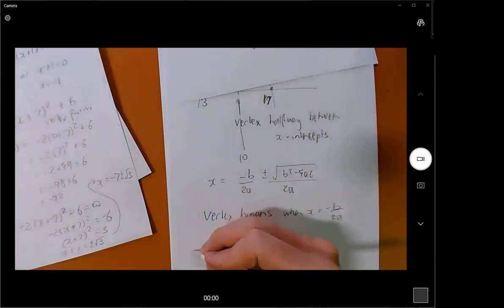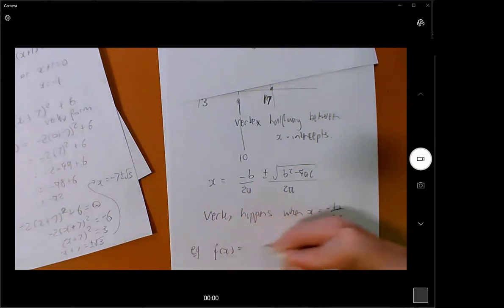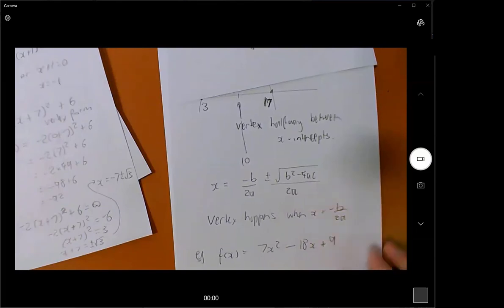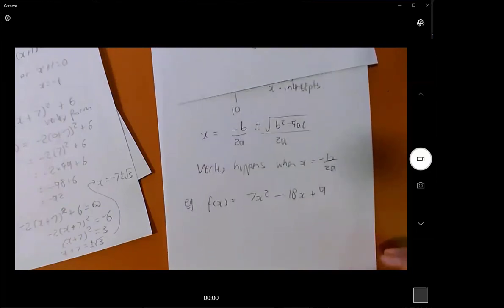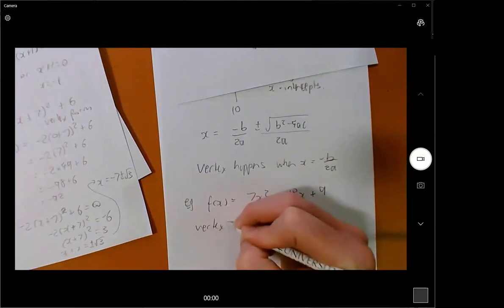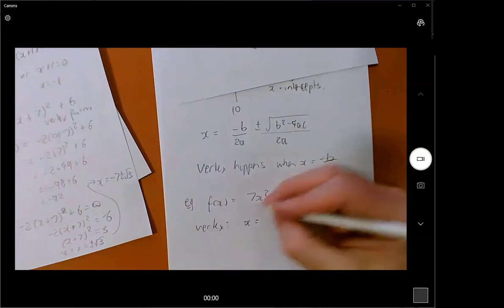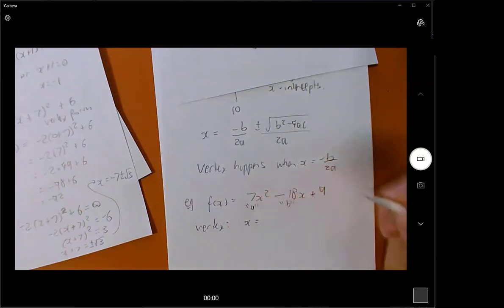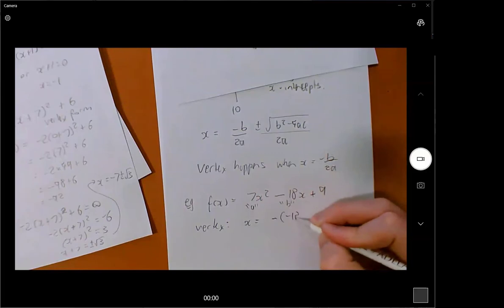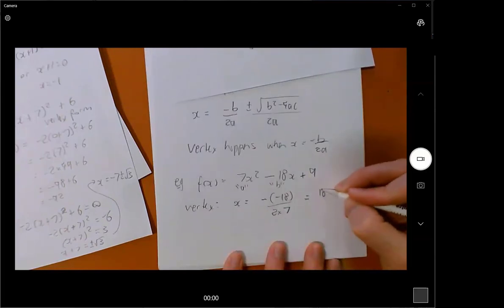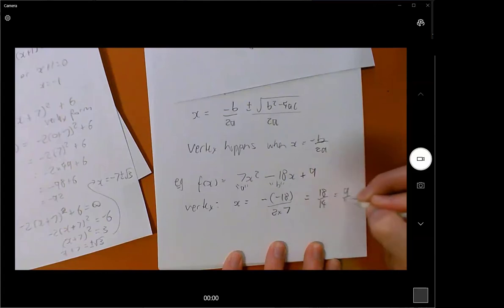And so if I had a function like that, and I wanted to know what the vertex is, then I could say the x-coordinate of the vertex would be, that's A and that's B, minus B on 2 times A, which is 18 on 14, which is 9 on 7.